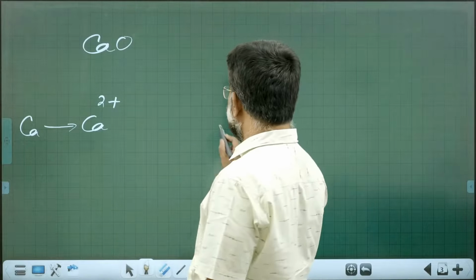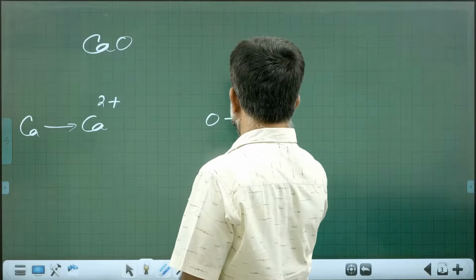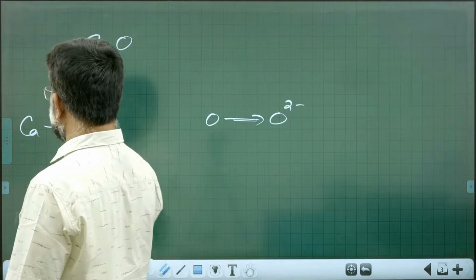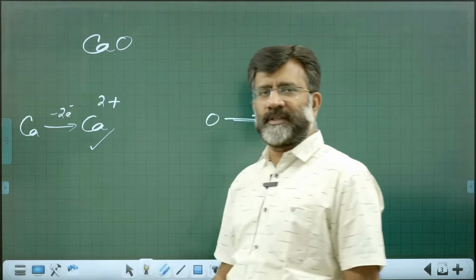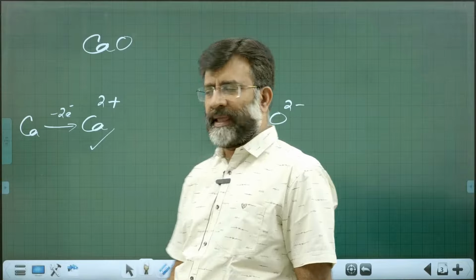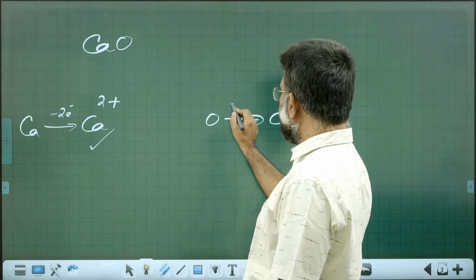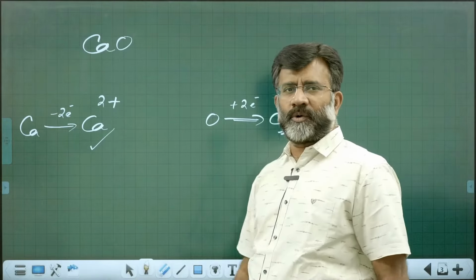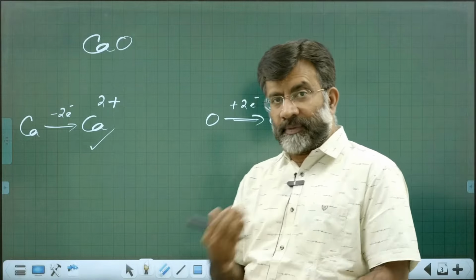While oxygen is converted to O2-. So here calcium loses 2 electrons and gets an octet system with Ca2+, and oxygen is gaining 2 electrons and thereby is converted to the O2- anion, and thereby it is getting an octet.